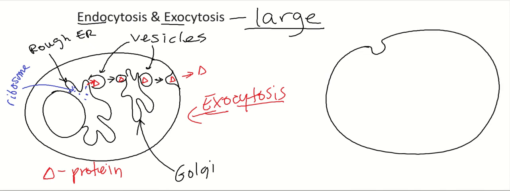The membrane is going to form a little pocket, and that's where that protein is going to go into, or any large molecule, in fact, that needs to enter the cell. Now this pocket is going to turn into, what do you think? A transport container. What are these called? These are known as vesicles.